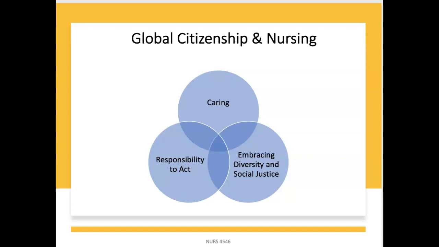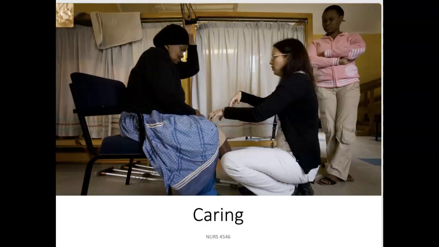So I want to think about global citizenship and nursing with three domains: caring, embracing diversity and social justice, and responsibility to act. And this will be kind of our mantra for our global health course. So caring, this is not new to us as nurses.